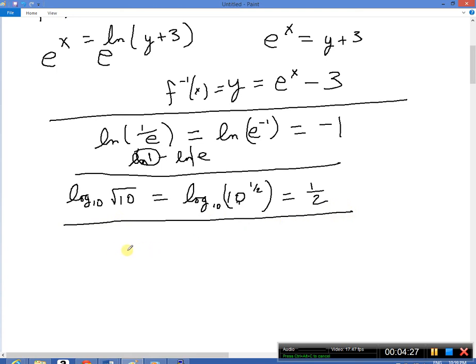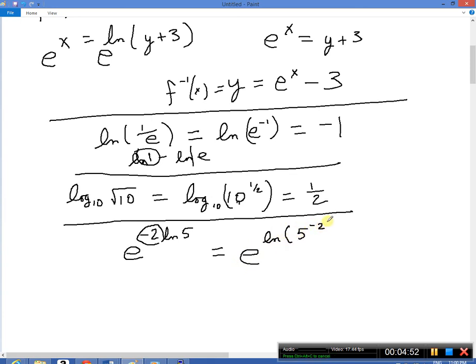Finally, e to the power minus 2 natural log of 5. Okay, here you've got to bring that minus 2 inside the log so that you can cancel your e and your natural log. So this is going to be e to the power natural log of 5 to the negative 2.